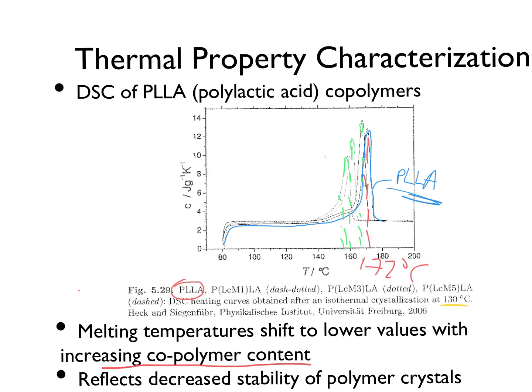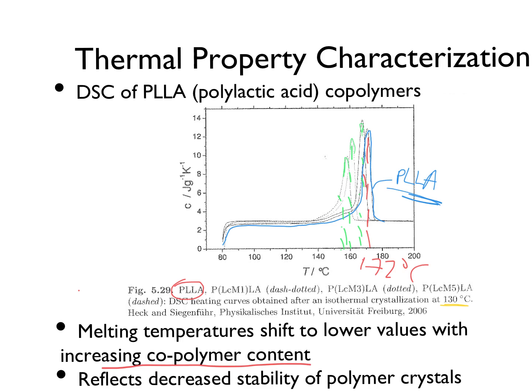Yes? Is PLLA the same thing as PLA, or is there a difference with the 130 degrees Celsius? So polylactic acid is the initial curve, that blue curve. And then the green curves are blends of polylactic acid and various copolymers. Does that make sense?